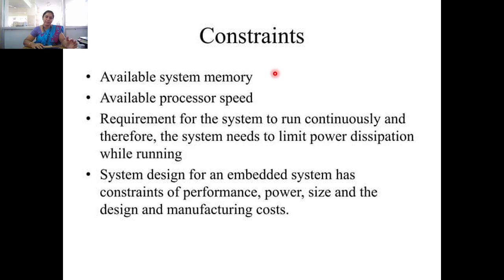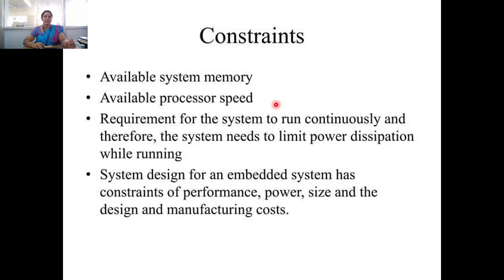Nowadays the processor speed is very high, and at the same time the memory is also high, with inbuilt memories, and the size of the components is also very compact. These two constraints are, first, memory, and second, the processor.